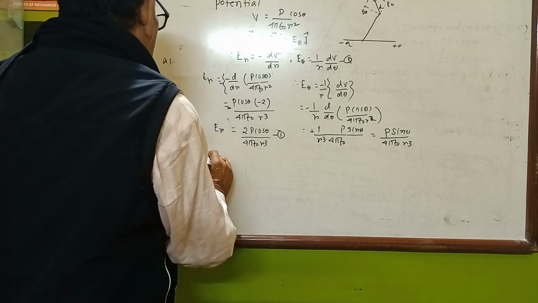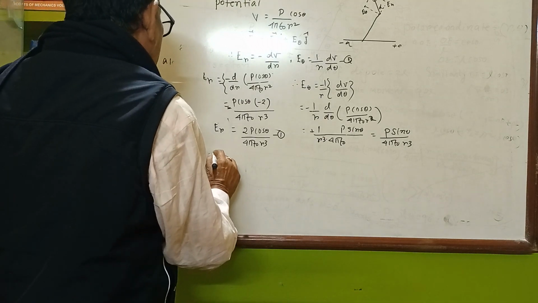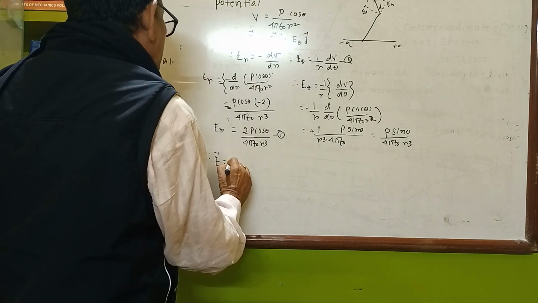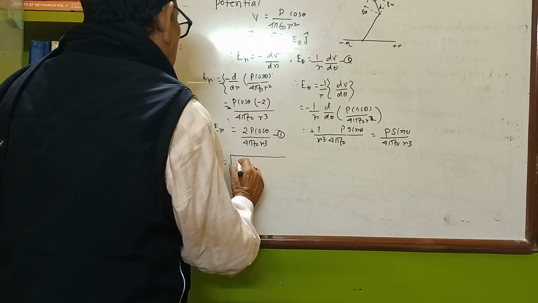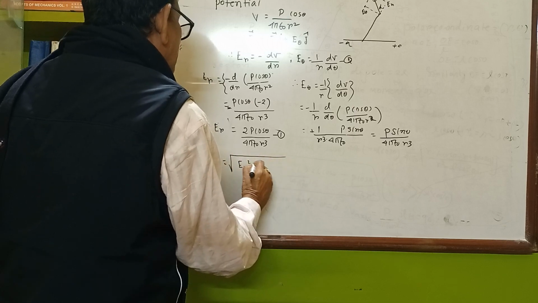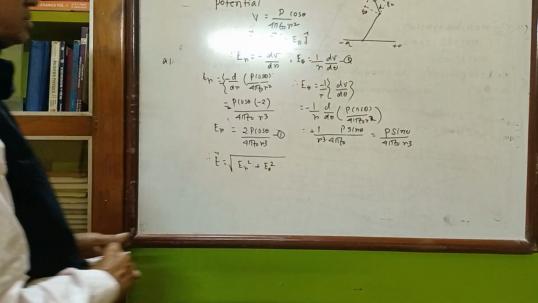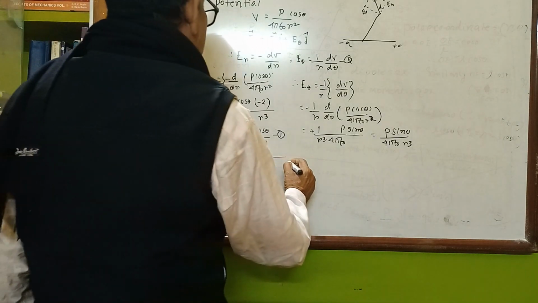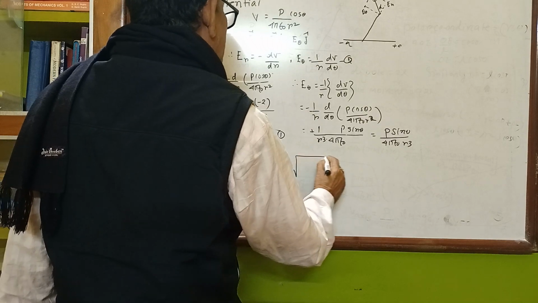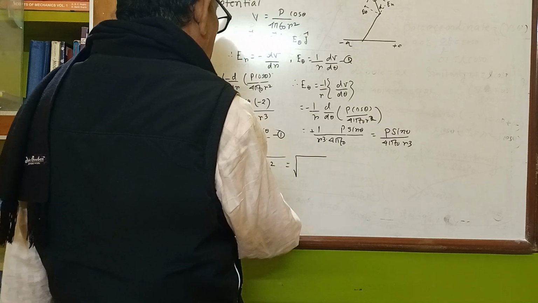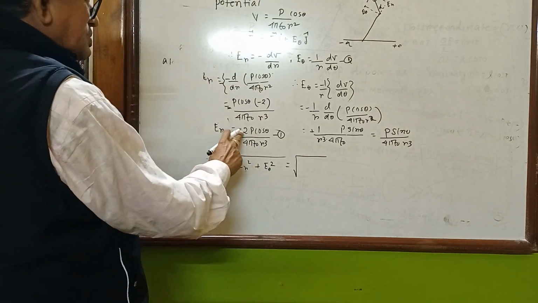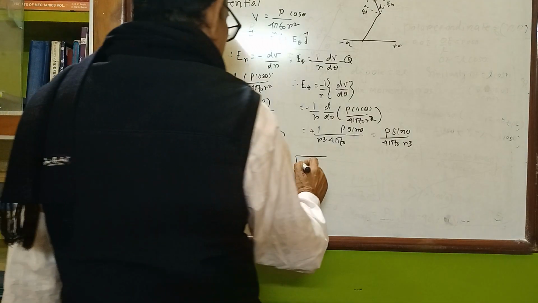So the magnitude of the electric field equals root over E_r square plus E_theta square. Clear? So you write down, put the values squared, then the common term, p by 4 pi epsilon naught.